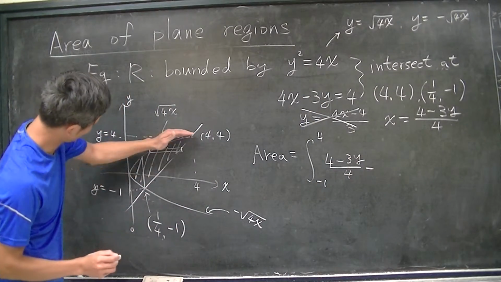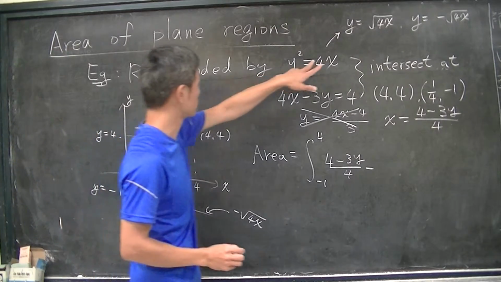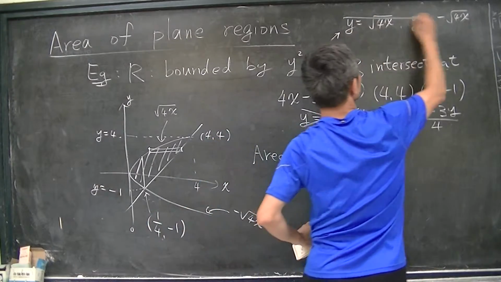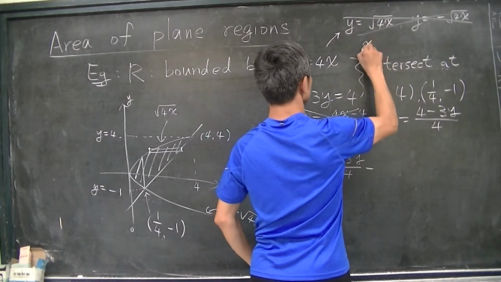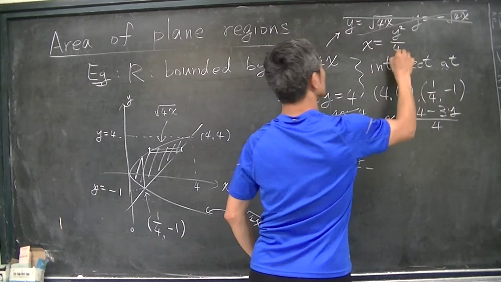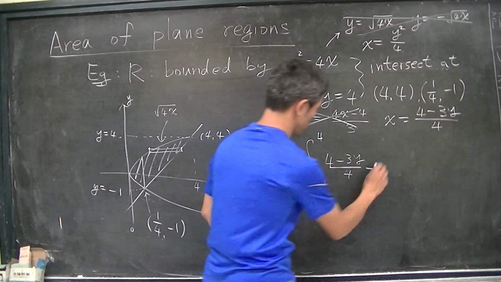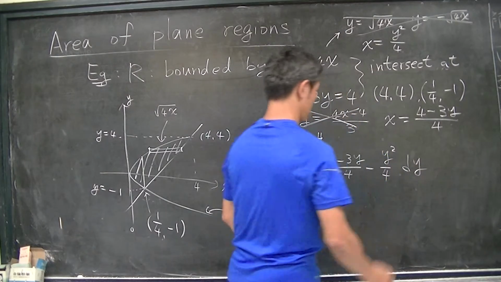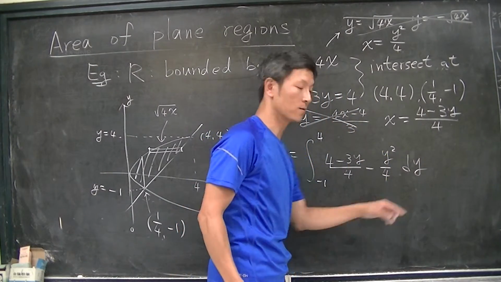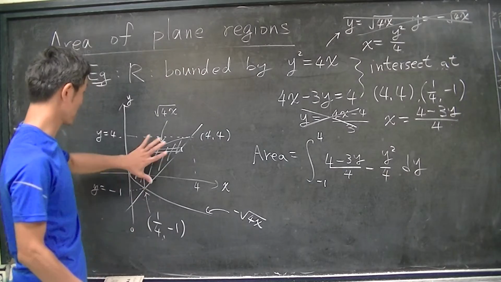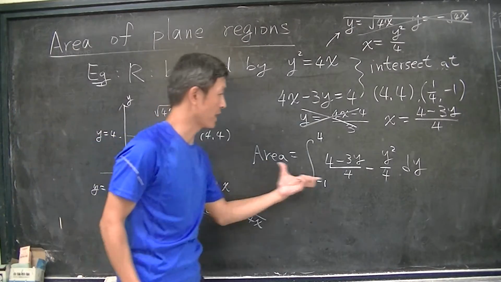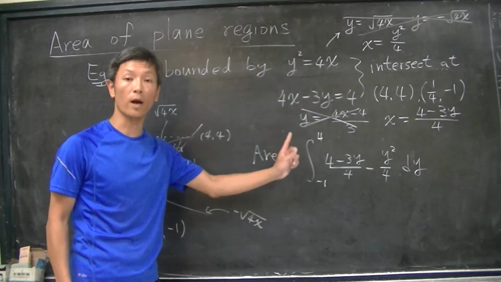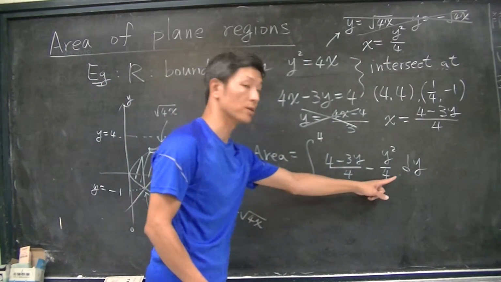The bottom one is the parabola, again considered as a function of y, so x equals y squared over 4. So the same area, we can compute the other way. And with this approach we need just one integral.